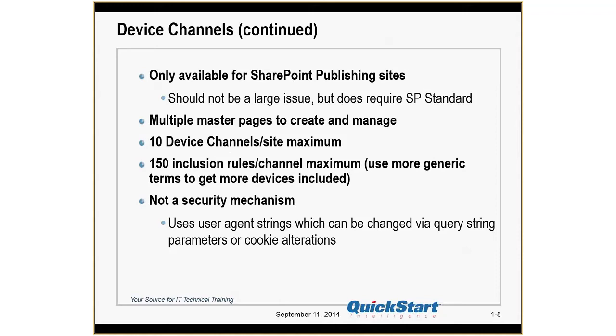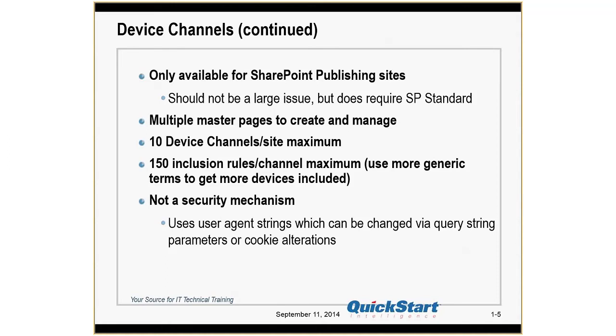Some limitations. You can only have 10 device channels per site, and only 150 inclusion rules per channel. So if you are doing specific full user agent strings, that'd be 1,500 user agent strings.